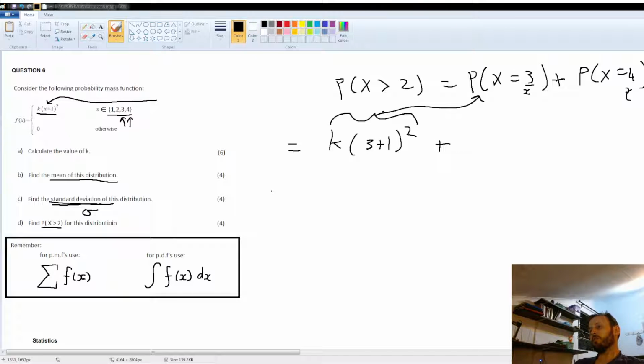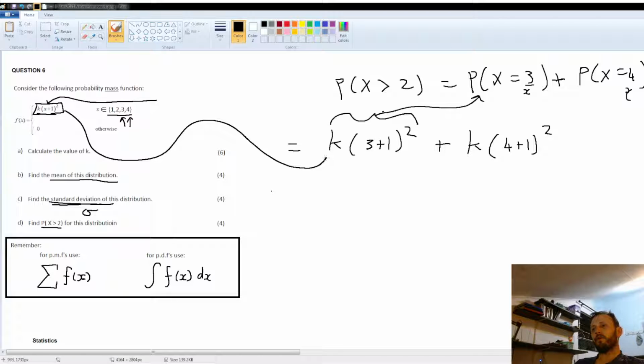Okay, plus, again, k. Now instead of x being equal to 3, x will now be equal to 4 plus 1 squared. Please bear in mind, I'm using this formula here. There it is there, and there it is there. I've just put in the values of 3 and 4 because of this 3 and this 4.